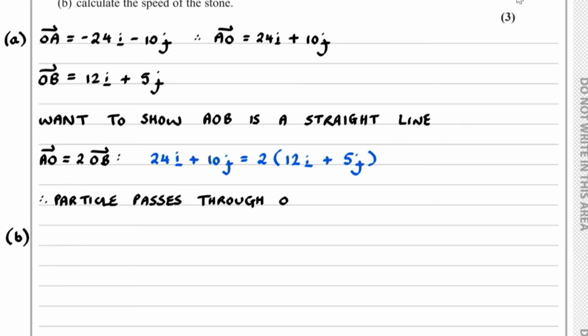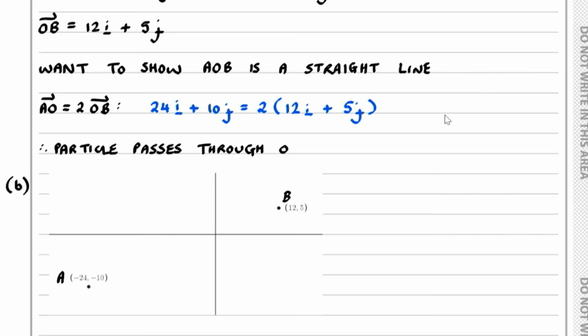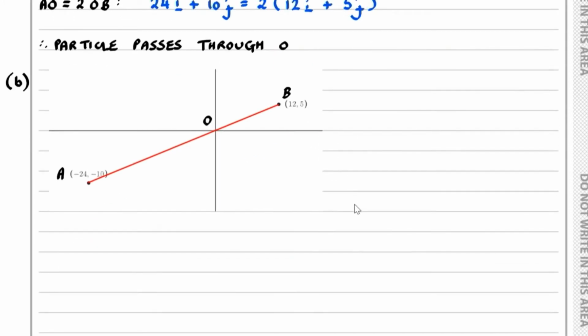So, we have on this diagram the points A and B, and we've got this origin over here. What we can do is find the vector AB. It starts at A, it finishes at B.